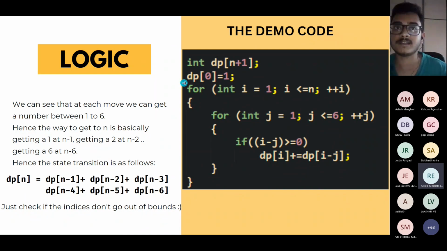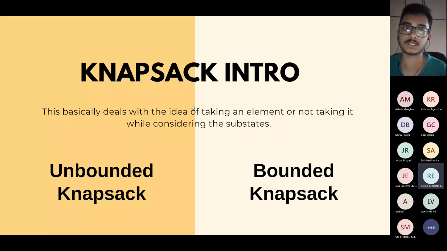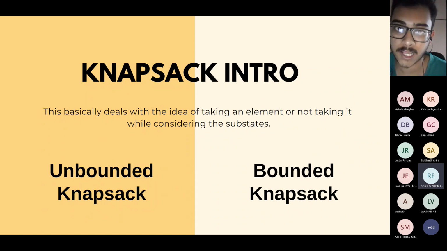These three problems are very standard prime examples of showing why DP is considered better and more efficient than recursion. So moving on, we'll start with a new topic, which is Knapsack. It's a completely dynamic programming based problem, and I'll hand over to Ashish, who will take up from this part.